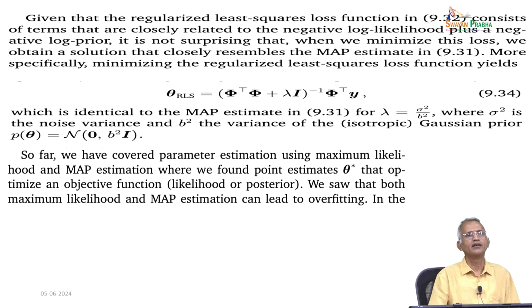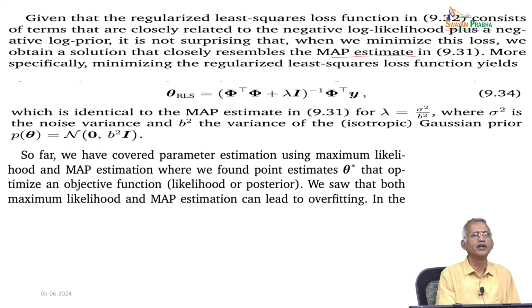So, given that the regularized least squares loss function consists of terms that are closely related to the negative log likelihood plus the negative log prior, it is not surprising that when we minimize this loss, we obtain a solution that closely resembles the MAP estimate in 31.